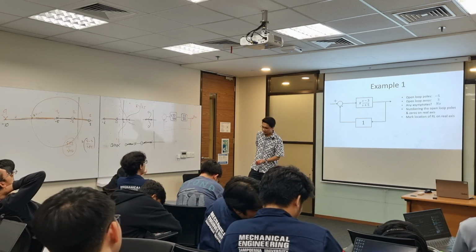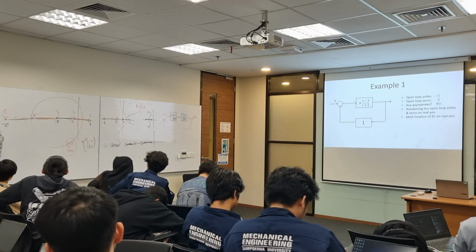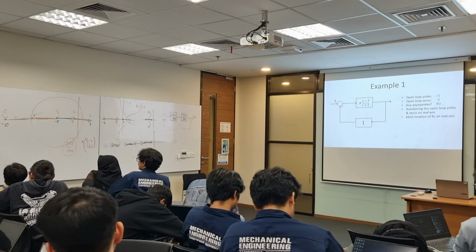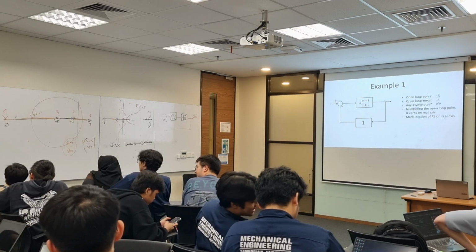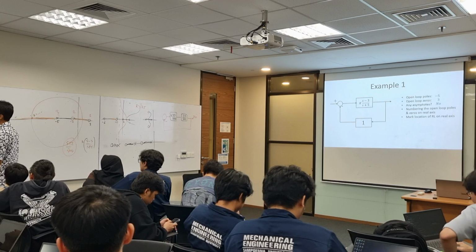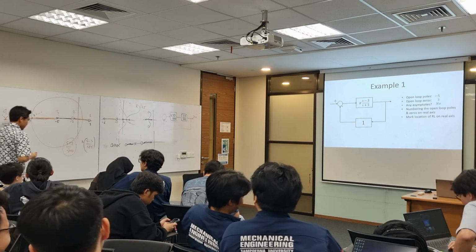Especially for that problem, I will just draw again for completeness. 3 and then minus 5. Number the pole and zero. On the left of the odd number, so it's here. That's it.